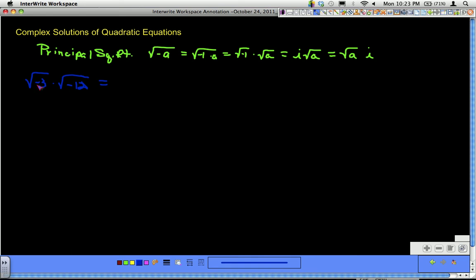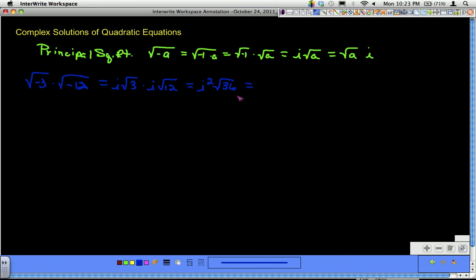We have to pull that i value out. So that's actually going to be i times square root of 3 and i times square root of 12. So if I simplify, i times i is actually i squared. Now I can do my multiplication, and square root of 3 times square root of 12 is square root of 36. So two things simplify here.